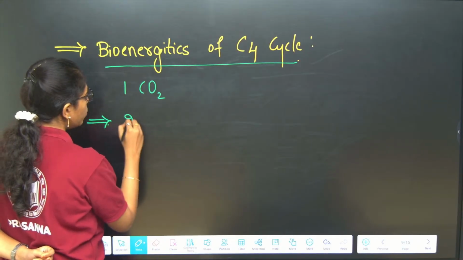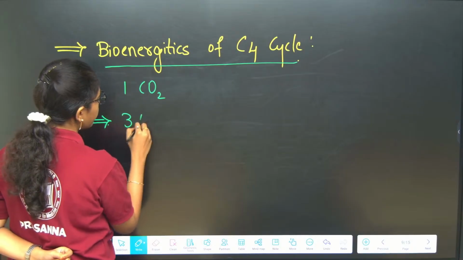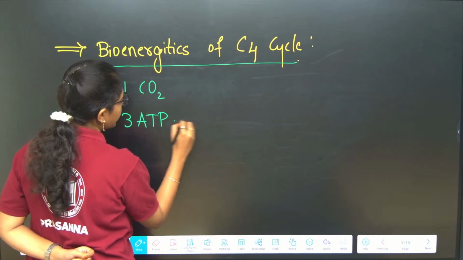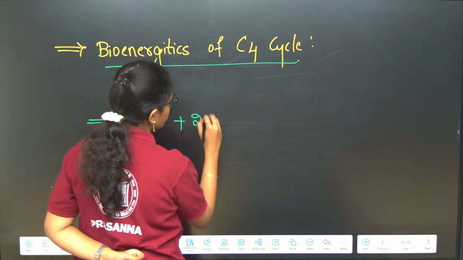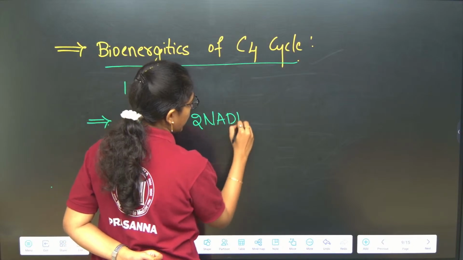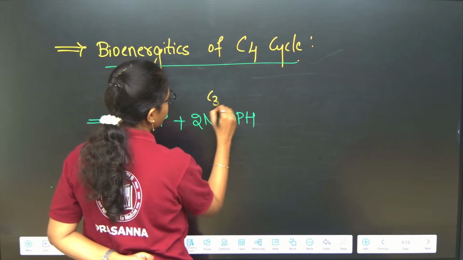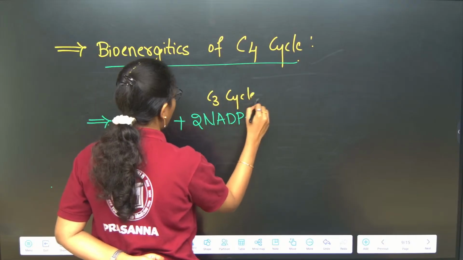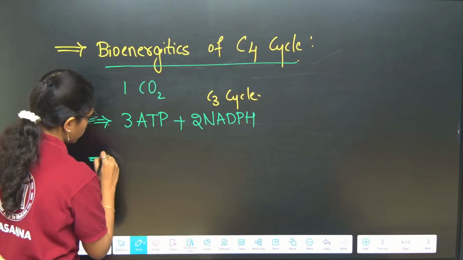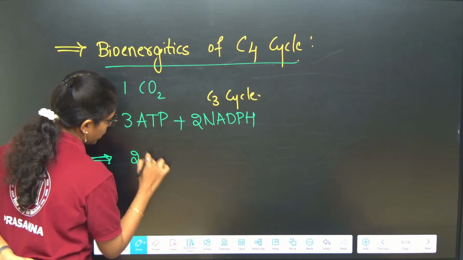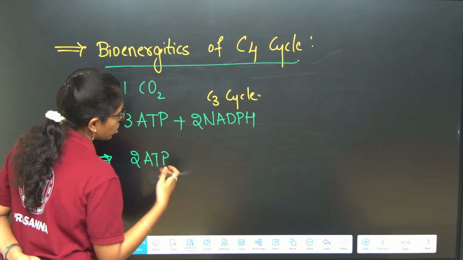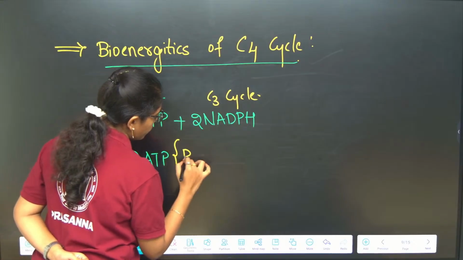First 3 ATP and 2 NADPH. Where are they utilized? In the C3 cycle, and 2 ATP for the process of regeneration.